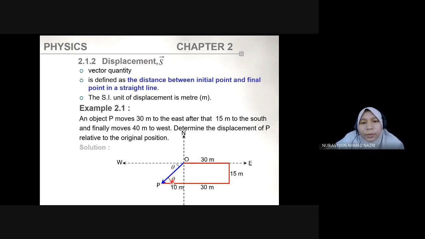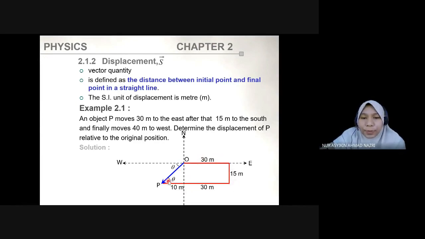So for this case, kalau tanya distance, so distance adalah yang ni lah. Ni totalkan ni, totalkan ni. Itu jadi distance. But when we consider the displacement, we need to consider lah the direction. Okay. So that's why bila kita dah plus minus the direction, at the end only this value, or this magnitude, that we have. But distance, since we are not considering the direction, so we total up the distance.